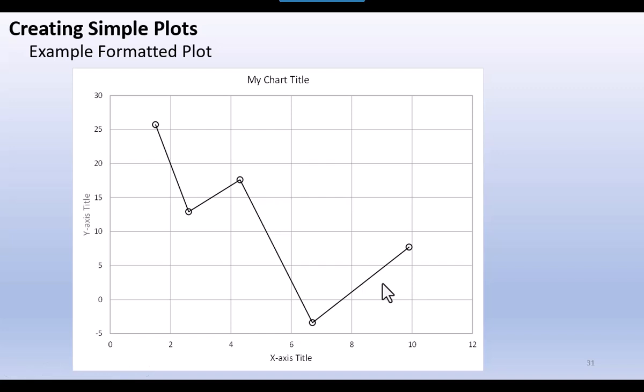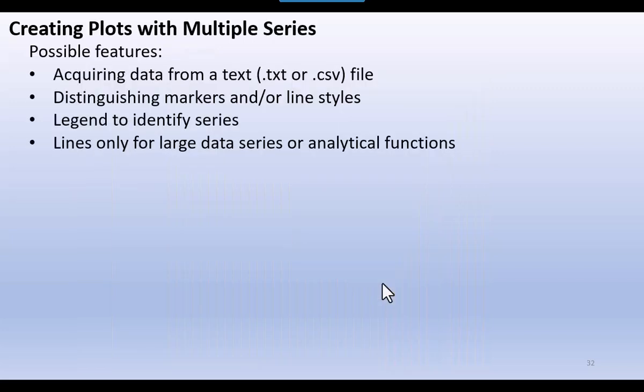So there's a simple chart. And now we're going to move on, and we're going to consider adding some complexity. First, we're going to consider how we can bring in data from a text file where we might have a lot of data that we're going to plot. And then how we plot the data, and if we have multiple series, how we can distinguish the markers or line styles, add a legend, and then if we have a very large data series, we probably don't want to use markers because that clutters up the plot.